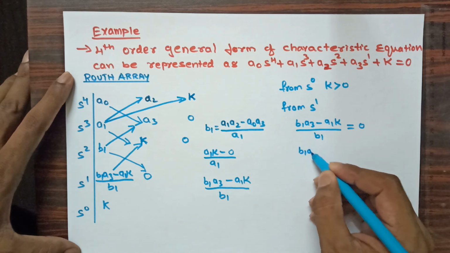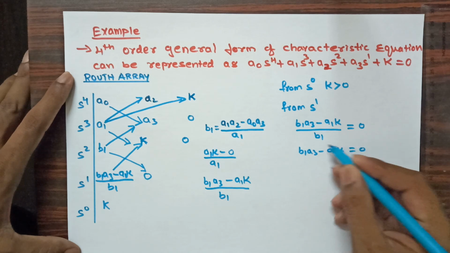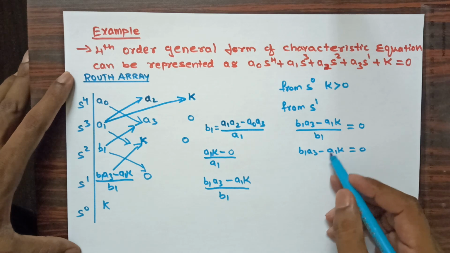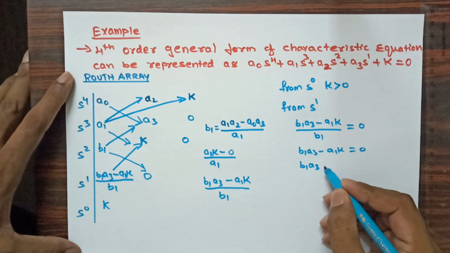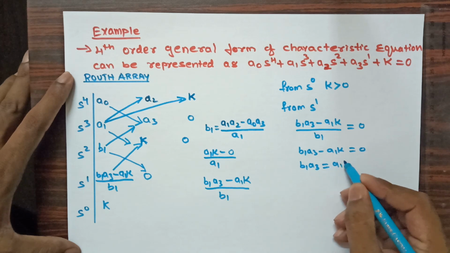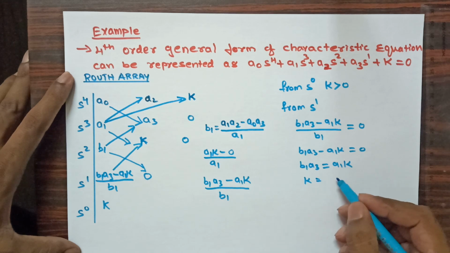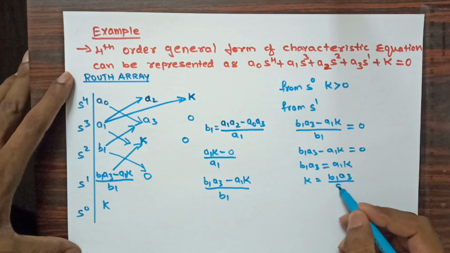Then b1 into a3 minus a1 into k is equivalent to 0. This b1 multiplies with 0 and becomes 0. Now this term I will take to the right hand side. Then b1 into a3 is equal to a1 into k. Therefore you can see here k is equivalent to b1 into a3 divided by a1.